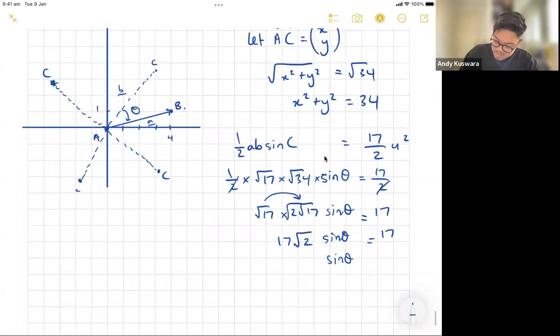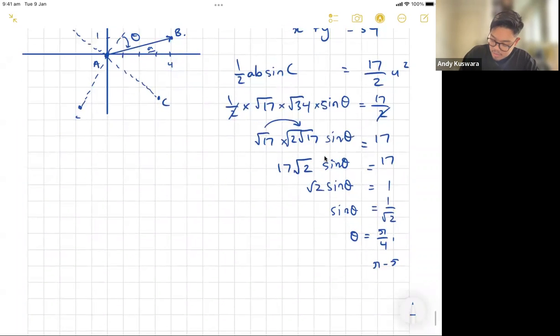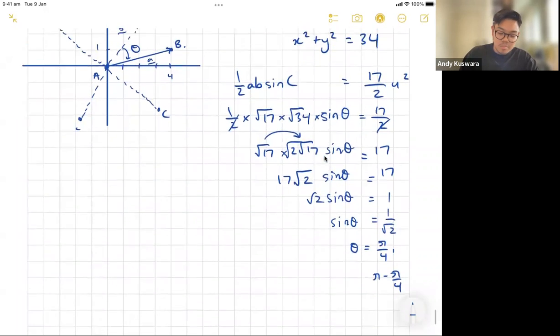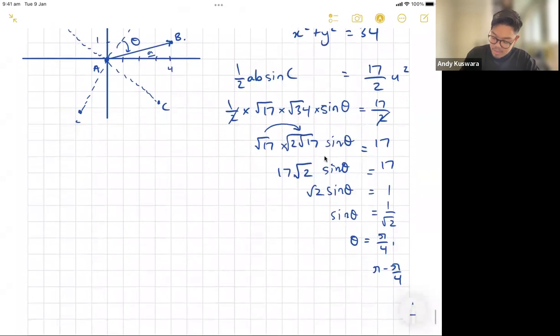Sine theta will equal, if I divide both sides by 17, that'll be 1. So sine theta will equal 1 on root 2. Now this one's nice. I'll get either theta equals pi on 4 or pi minus pi on 4. Now the reason that I'll need these two is because technically I'm going all the way around the circle. So that means I can either have pi on 4 or I can have 3 pi on 4.